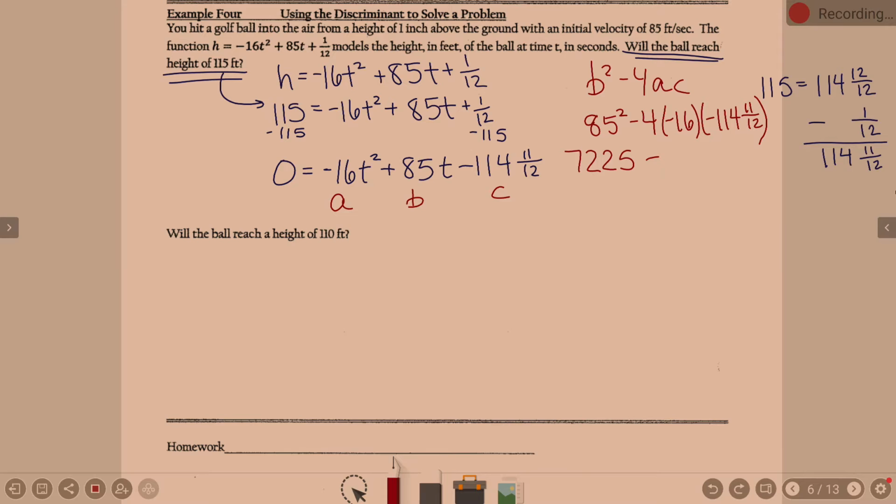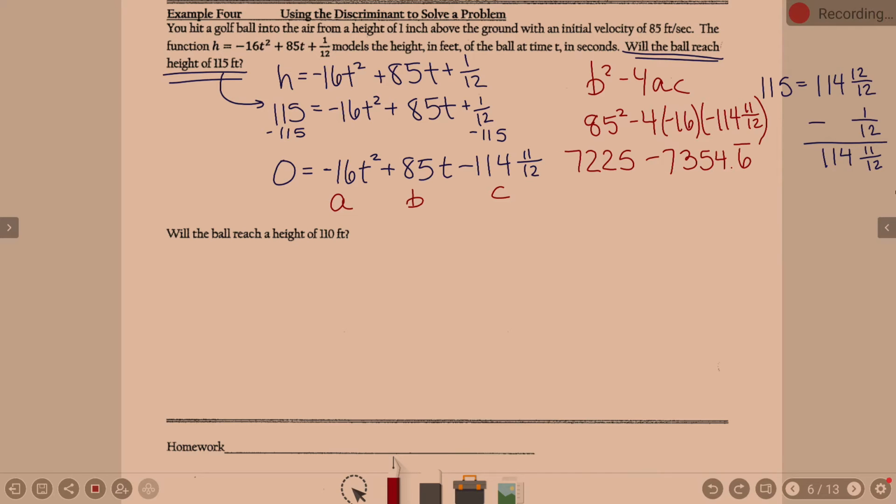Full different answer. And yes, this is the number we should be getting: 7,354.6 repeating. Now, what happens when we do 7,225 minus 7,354.6 repeating?